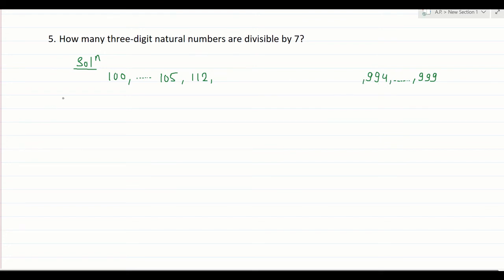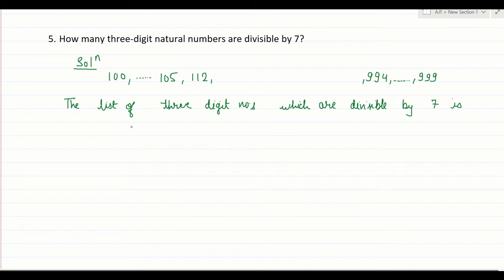So the list of three digit numbers which are divisible by 7 is 105, 112, 119, so on till 994.